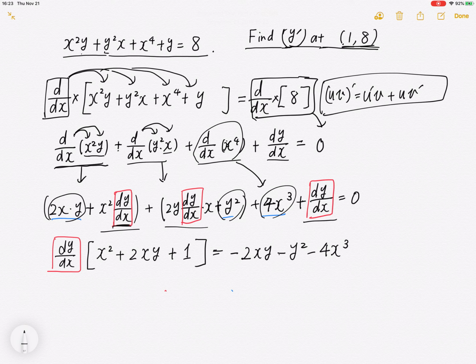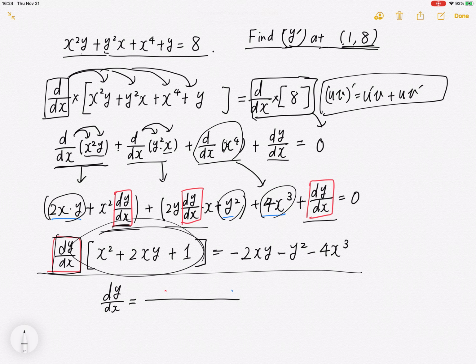We're solving again for the red box, this guy. So dy dx is found by dividing the entire equation by this bracket.